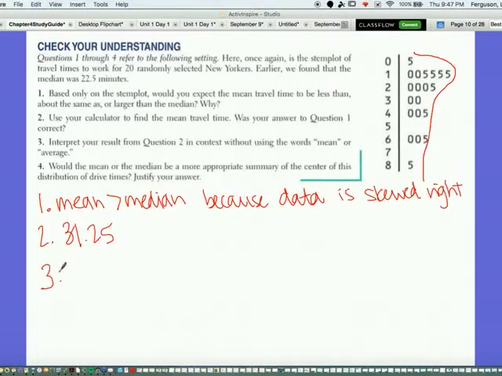And 3, interpret your result from question 2 in context without using the words mean or average.